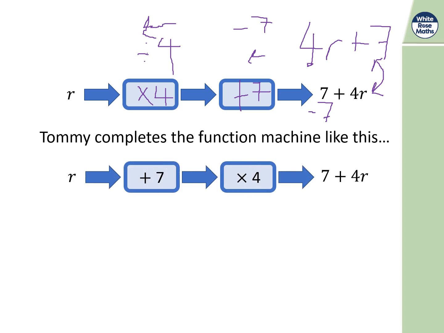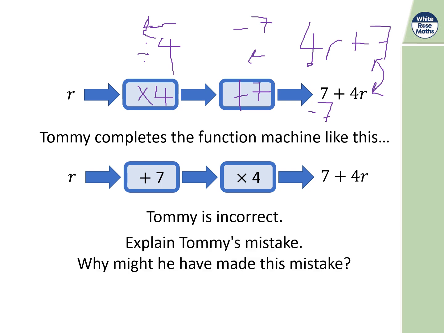Okay, so this is actually wrong. Why might Tommy have made a mistake? Because if I do this here, I get r plus 7, and then that's all multiplied by 4. If you expand this single bracket, remember, you have 4 lots of r plus 7.